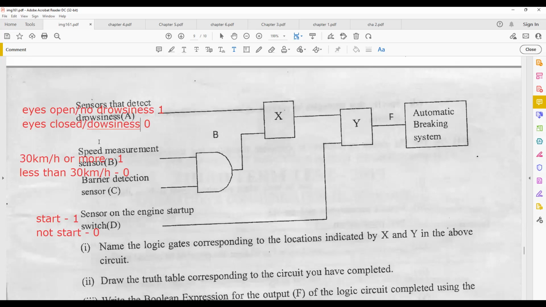Drowsiness usually means eyes closed. We want to have it true, or else you are normal. But anyway, you have to combine speed measurement as well as barrier detection. So either you can use the OR operator or the AND operator.